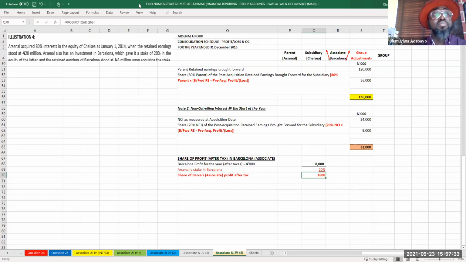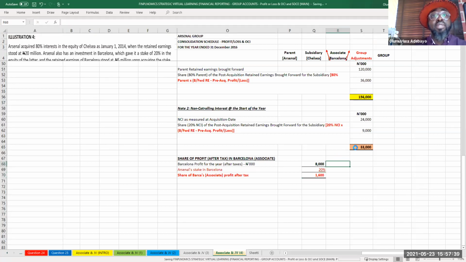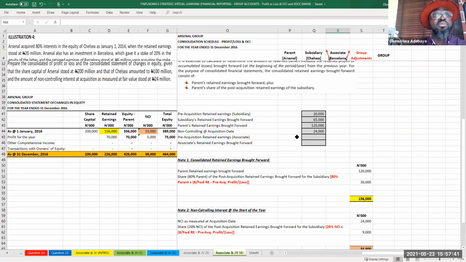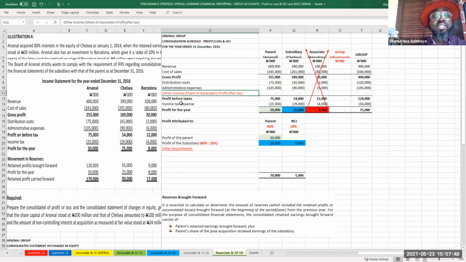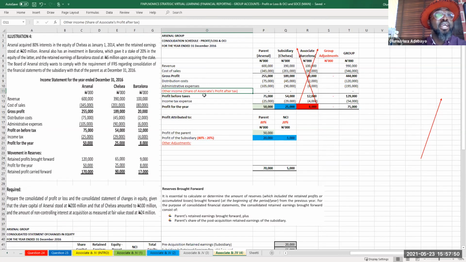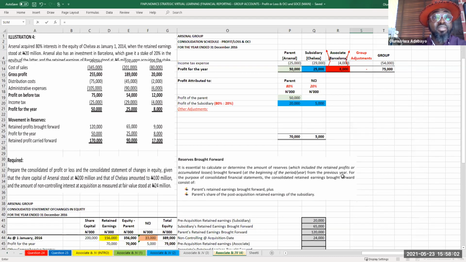That is that. Okay, which means we'll come here as part of our other income to recognize share of associate profit after tax, which in this case, we'll pass it as an adjustment. It increases the profits, therefore it's a positive adjustment.